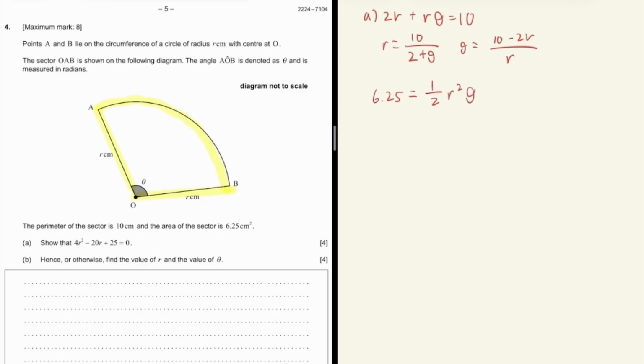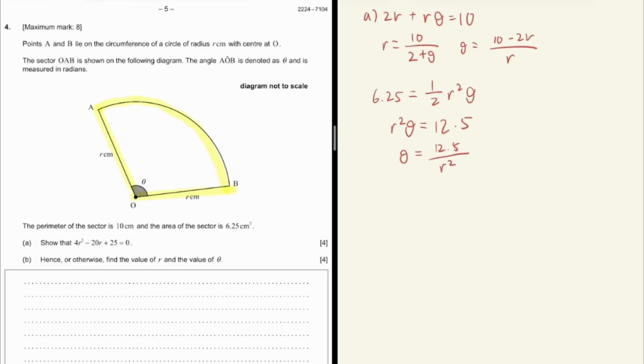And so through this, we know that r squared theta is equal to 12.5, and thus theta equals 12.5 over r squared.